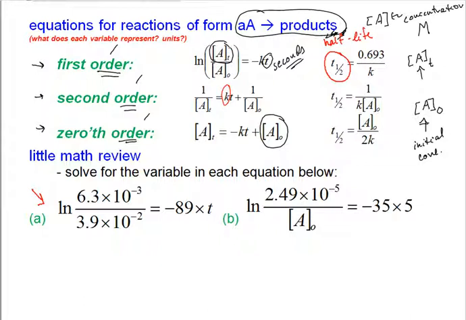Yeah, it's going to be that first one, right? Because you can see that k must be 89. They're solving for t. The concentration of A at time t was this number. The initial concentration was that number. So you read the question, you plugged all the numbers in, now you've got to solve for t.